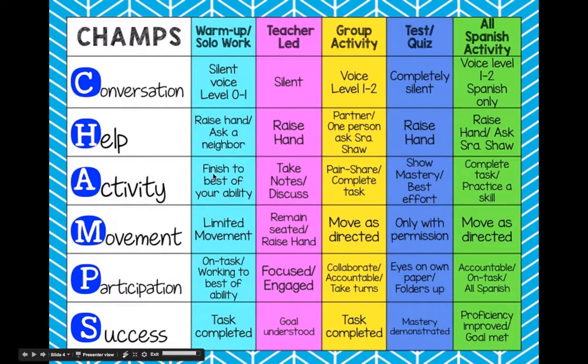You should be working on finishing this to the best of your ability. You have the entire rest of class to work on this. What do you imagine I expect to be done by the end of the hour? This sheet. Hang on. Movement is limited, so you're only getting up if you need to blow your nose or get a Kleenex. Your participation, you're on task. Remember, 95% working, maybe 5% very quiet talking. And then success will look like you completed this activity.